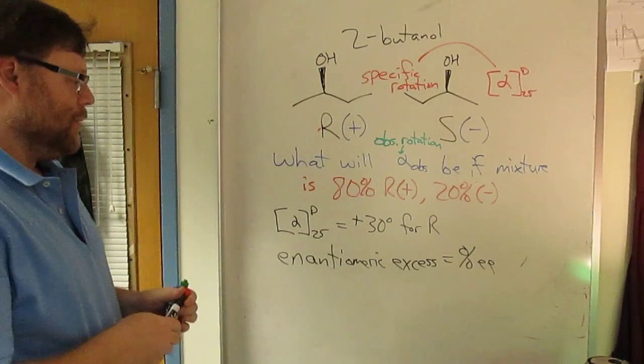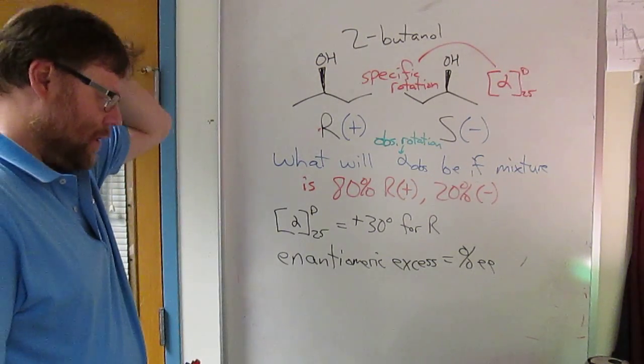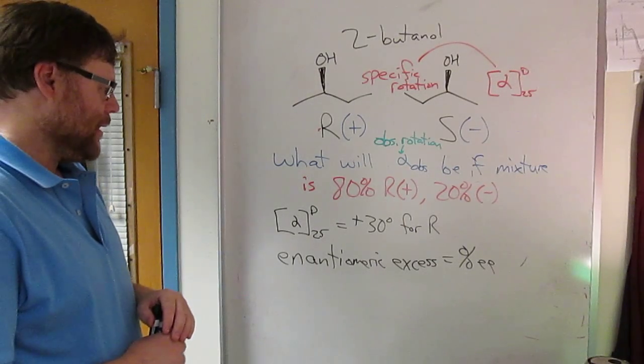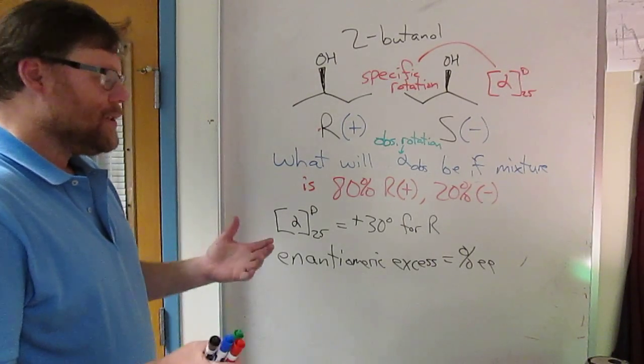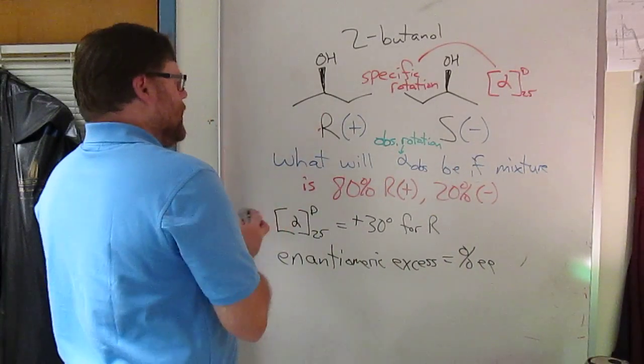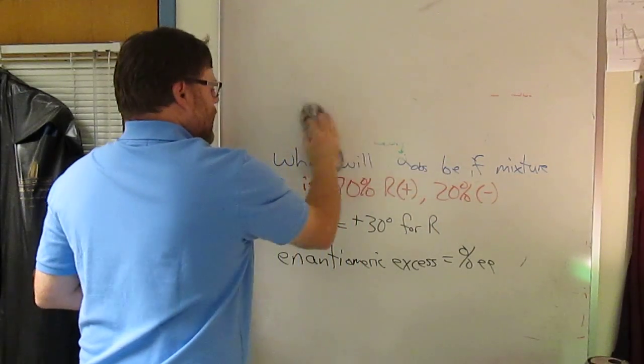And I guarantee you, if you work in anything that touches the pharmaceutical industry or drugs or biological molecules at all, you'll see percent EE from time to time. It's pretty straightforward to use, so I'm going to erase the molecules at the top, erase all this stuff, and go through how we calculate this.